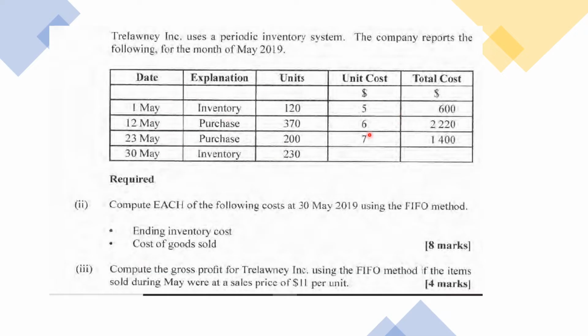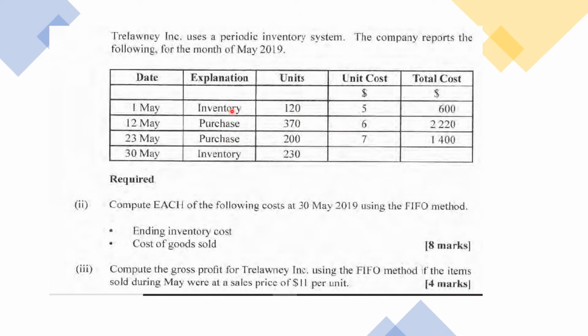We are given some data in a table here. We are told that Trelawney Incorporated uses a periodic inventory system. The company reports the following for the month of May 2019. So it's not a perpetual inventory, otherwise we'd have more information than this.